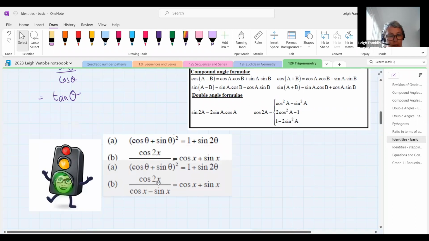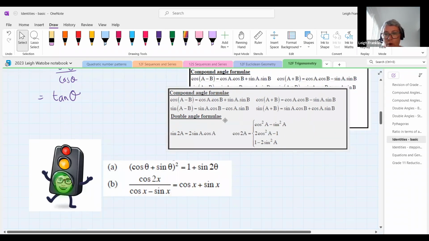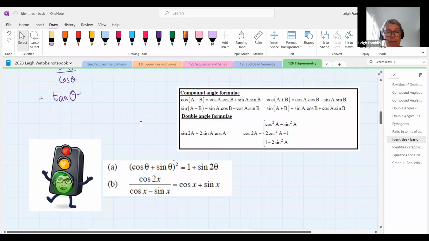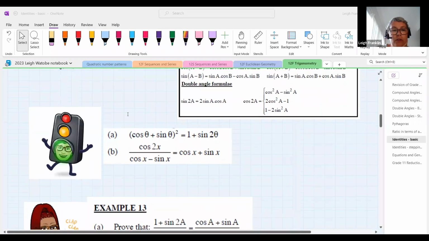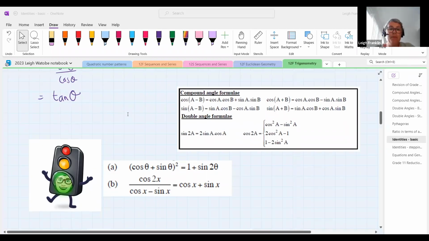Either you can try A or you can try B. If you are a fast finisher, then you're welcome to try both of those. We're going to give you a little bit of time. You try either A or B, I'm leaving it up to you.